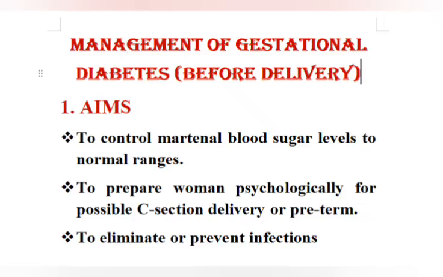Then for fasting blood sugar, it shouldn't exceed 7. That's the normal. Then the other aim is to prepare this woman psychologically for possible forms of delivery, such as through C-section and preterm delivery.